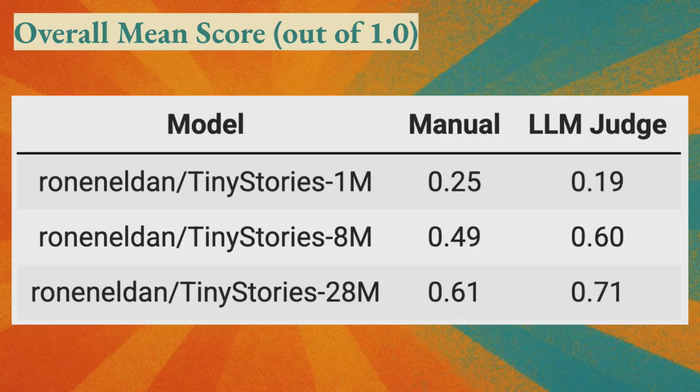The answer to that question depends on what level of granularity you look at. If we look at overall mean score, it's not exactly the same, but it's not terribly far off. It's somewhere in between. For the 1 million parameter model, which is actually 3.7 million parameters, it's pretty close, right? 19% to 25% is the overall mean score, and I should really say 0.19 and 0.25.